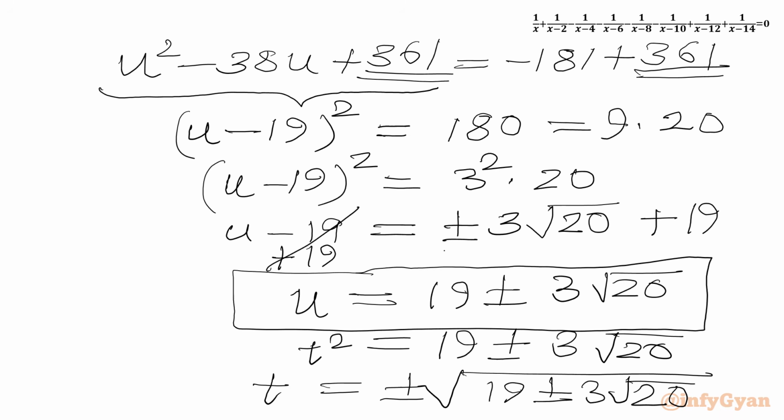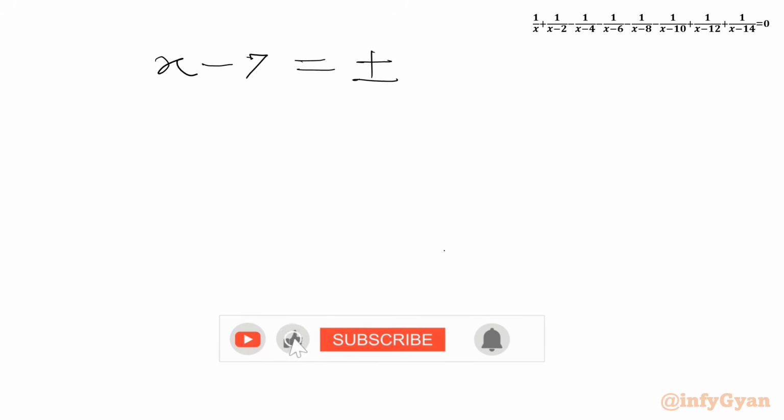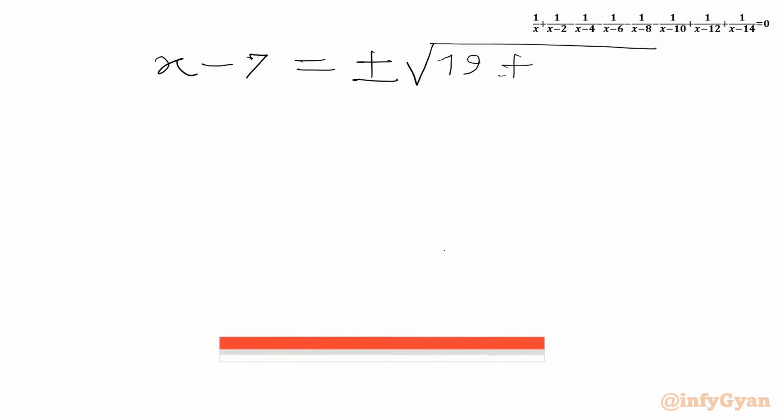This is t and t is x minus 7. So I can write x minus 7 equal to plus minus square root of 19 plus minus 3 times square root of 20.